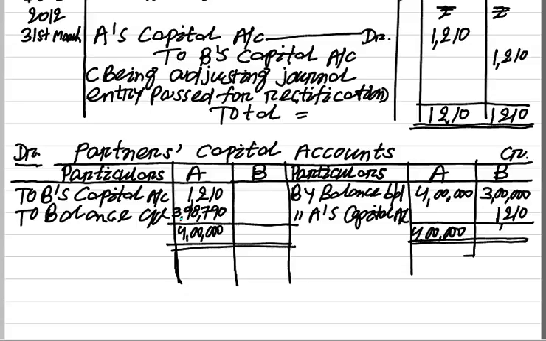And for B it is 3 lakh 1,210. So this is all about your answer.